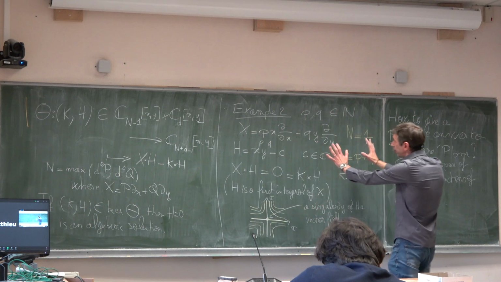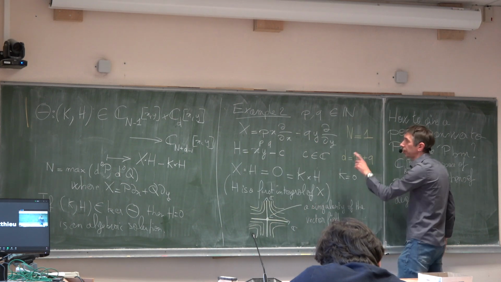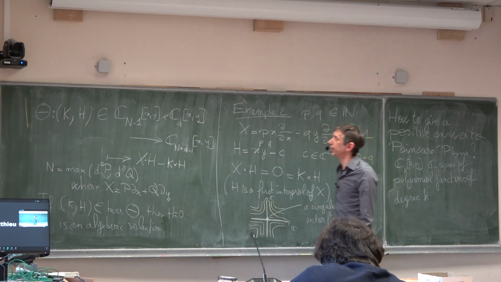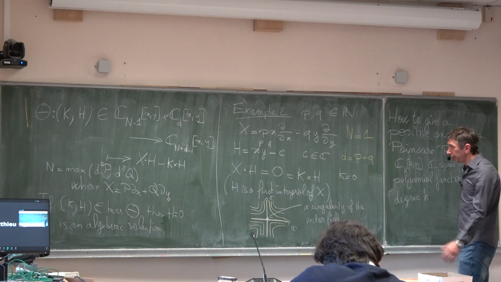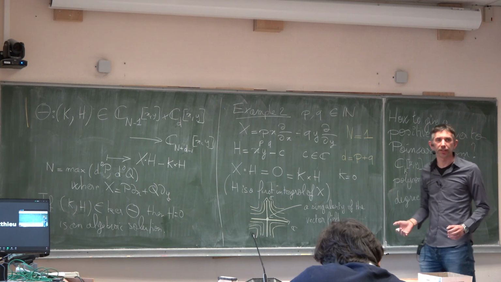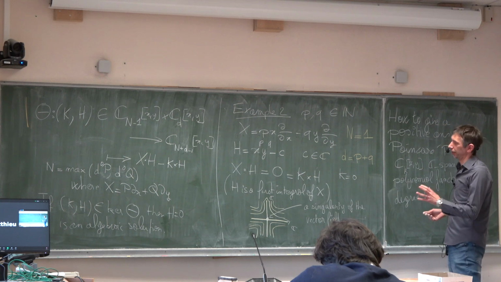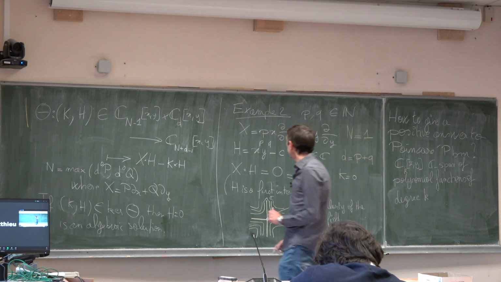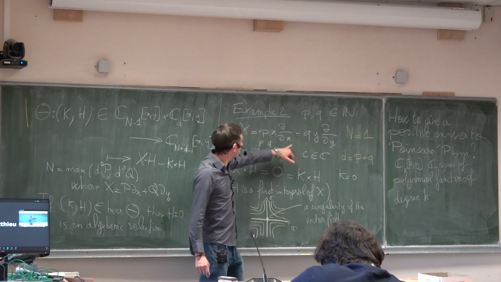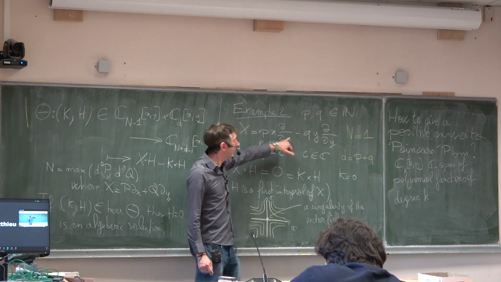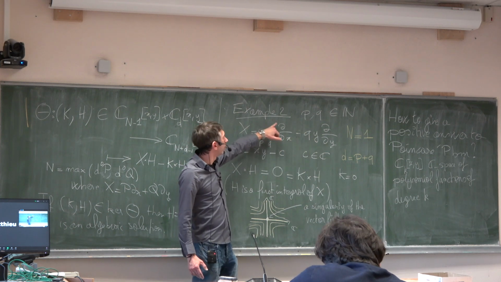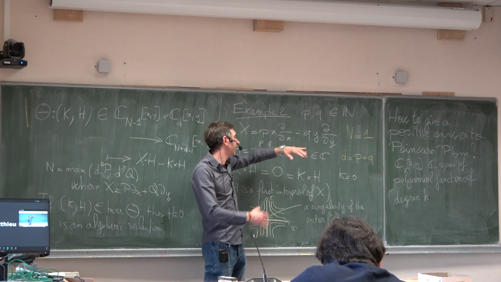At least this example shows that the degree of the initial vector field is not enough to produce an a priori bound for this integer d. But of course, Poincaré already knows this example. But here there is something which is not really fair, is that when p and q get bigger, you see that this integer also gets bigger, and in some sense, the complexity of the singularity is getting bigger and bigger.